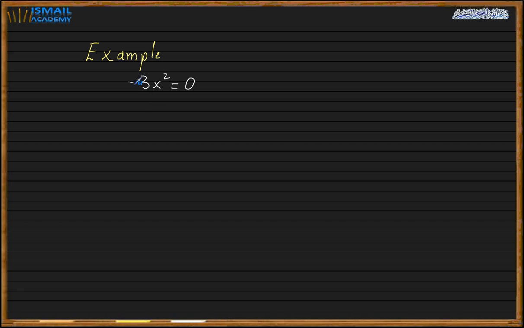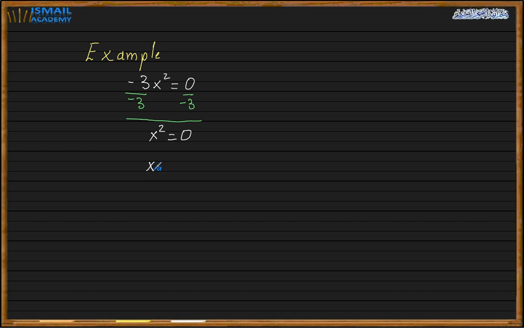Like I said here, this is not 0, so we divide both sides by minus 3. We will end up having x squared equals 0. Any number you square that gives you 0 is just 0 itself.